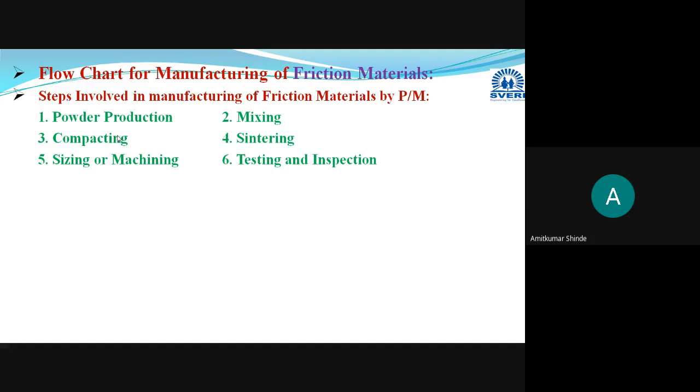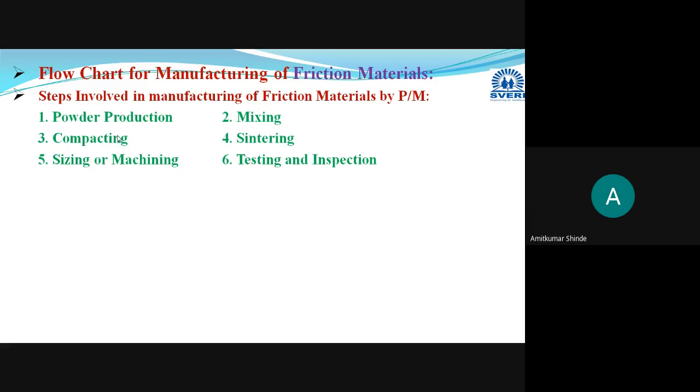Then it should have a sufficient coefficient of friction. And it should not cause more wear and tear while in use. As a friction material is subjected to more wear and tear, it should be manufactured in such a way that there is minimum wear, that is, its wear resistance and corrosion resistance should be high, with good thermal conductivity and sufficient coefficient of friction.